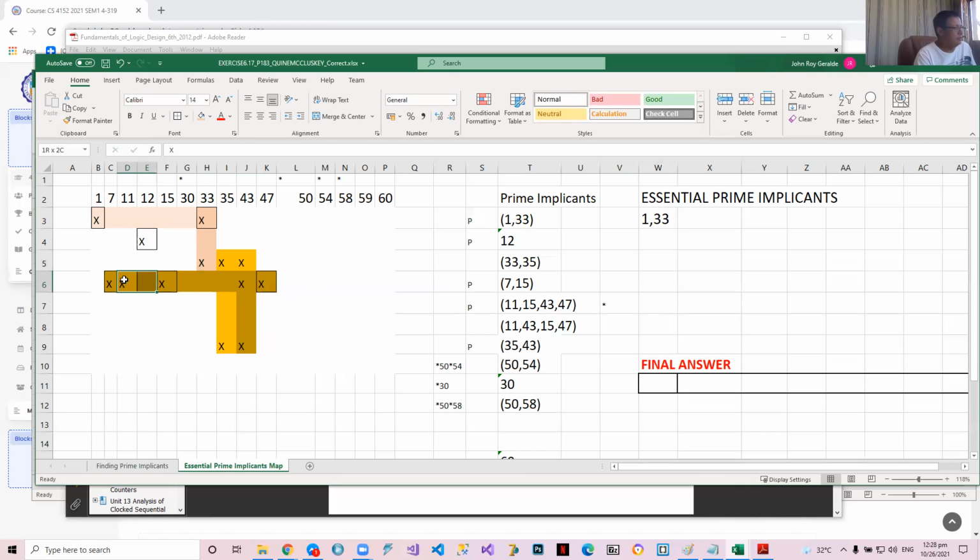Okay. It will remove 43 and 35, 43. It will remove 35, 43. Okay? Matanggal ang 35, 43 kasi tangent siya dito eh. Itong 35, 43. It will also remove the 35, 43 here.